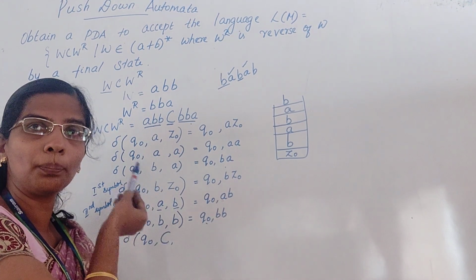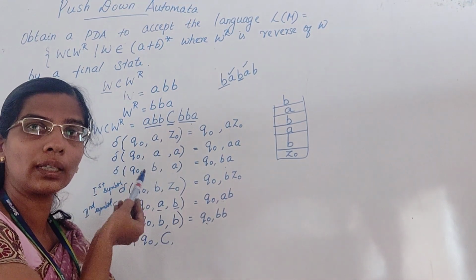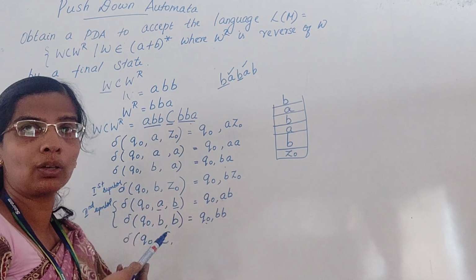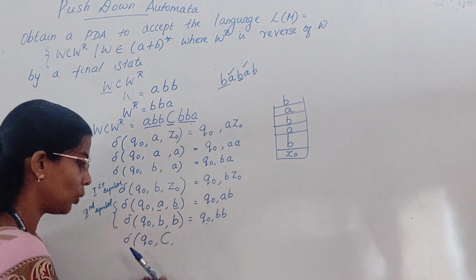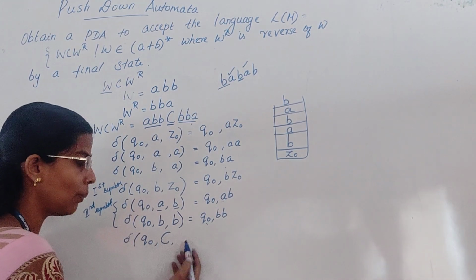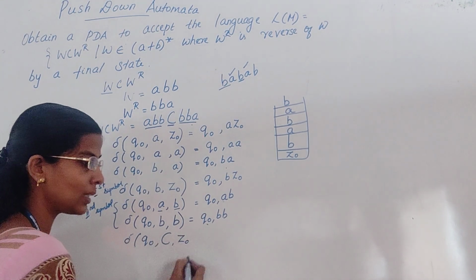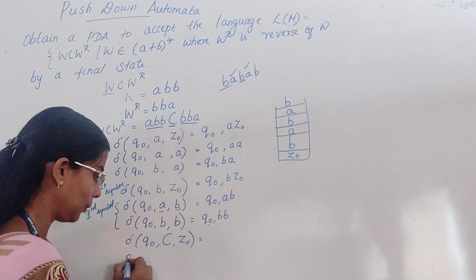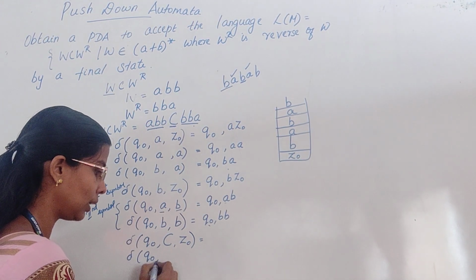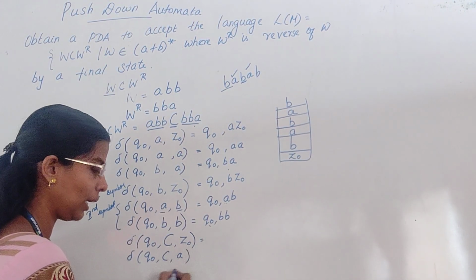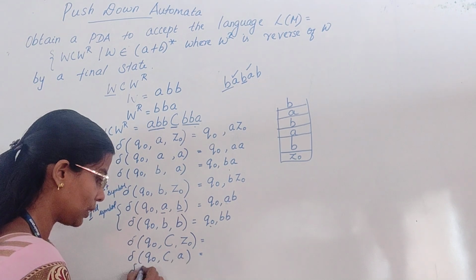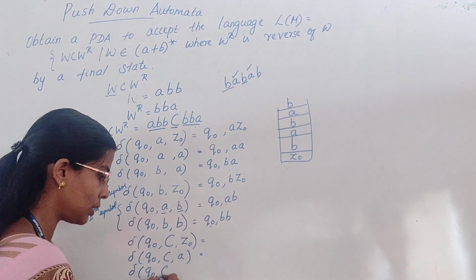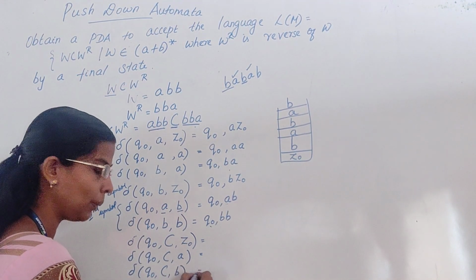This language accepts epsilon also. So if my stack is empty, I will have Z naught. Otherwise, Q naught, stack top can be A, that depends upon my string, or Q naught C, stack top will be B.